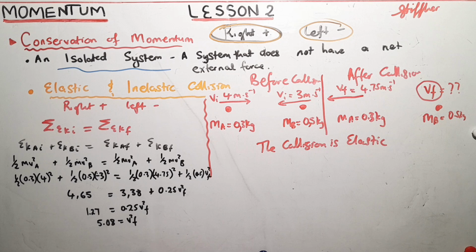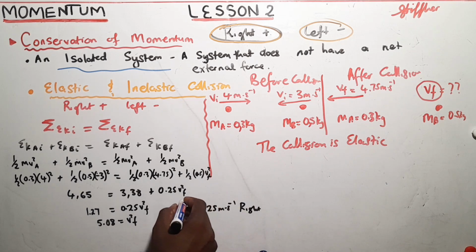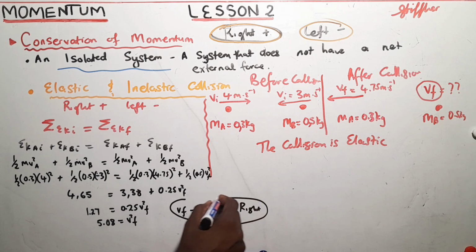So the square root there means that our final velocity is 2.25 meters per second. Since it is positive, it means that it is going to the right. So this is how we can find the velocity using elastic collision.